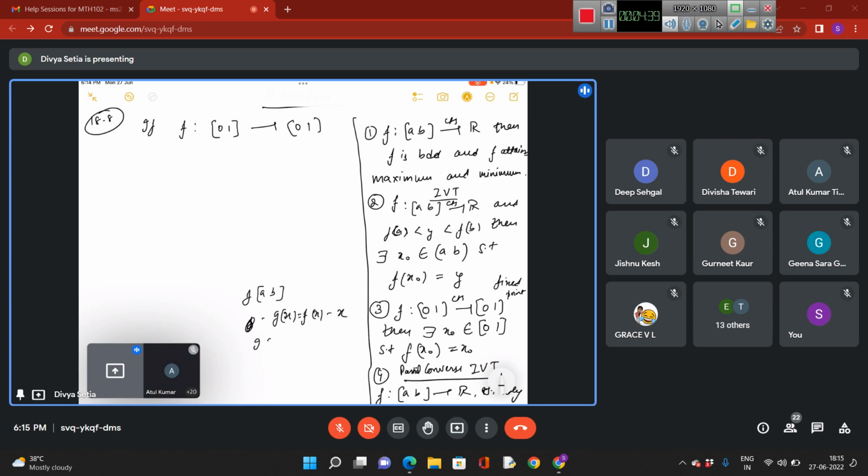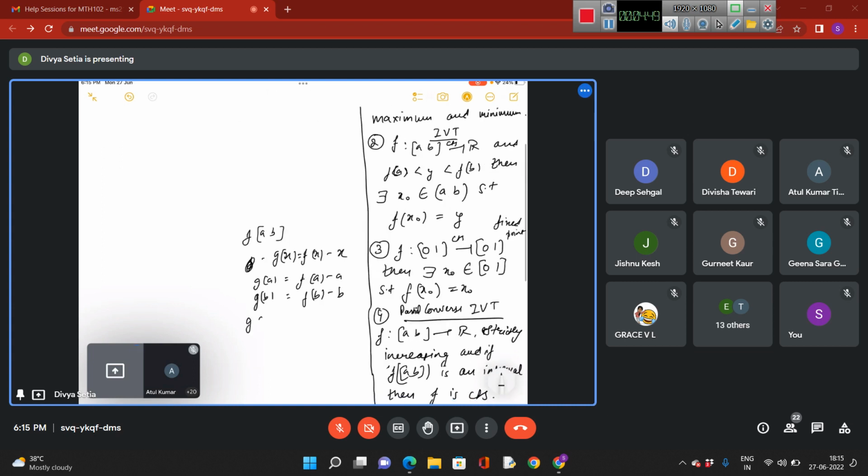So now if you consider g of a as f of a minus a and g of b as f of b minus b, you don't know whether g of a is greater than 0 or g of b is less than 0. You want that the signs of these two things should be opposite. If it is not 0, 1, you are not aware which is positive or which is negative.